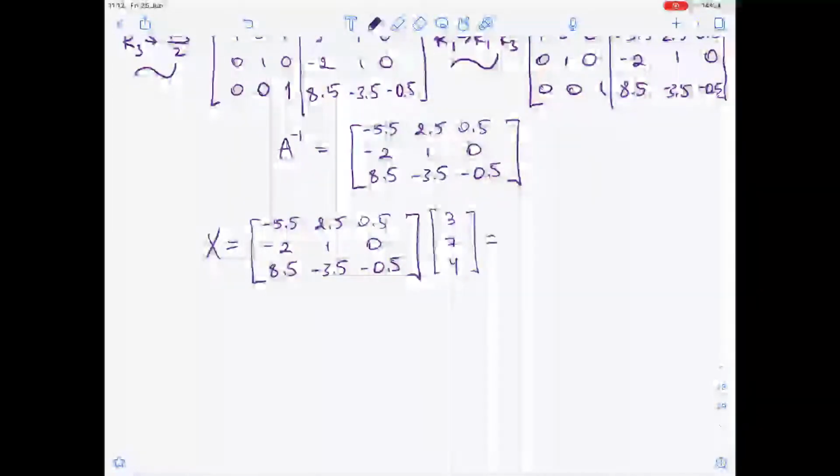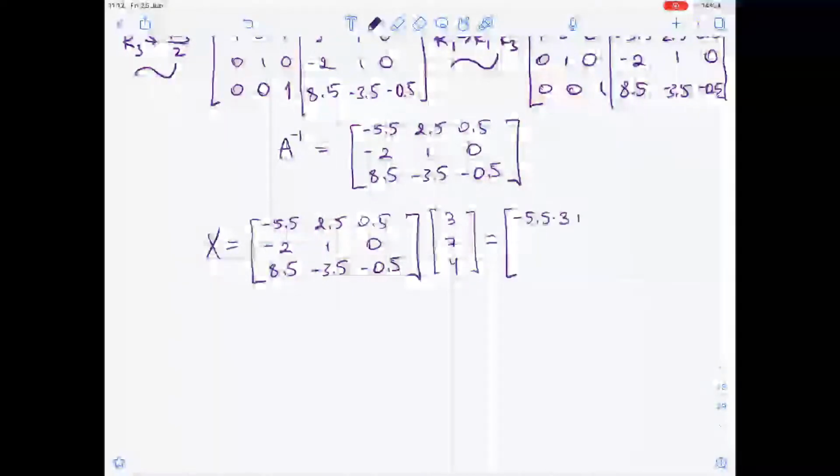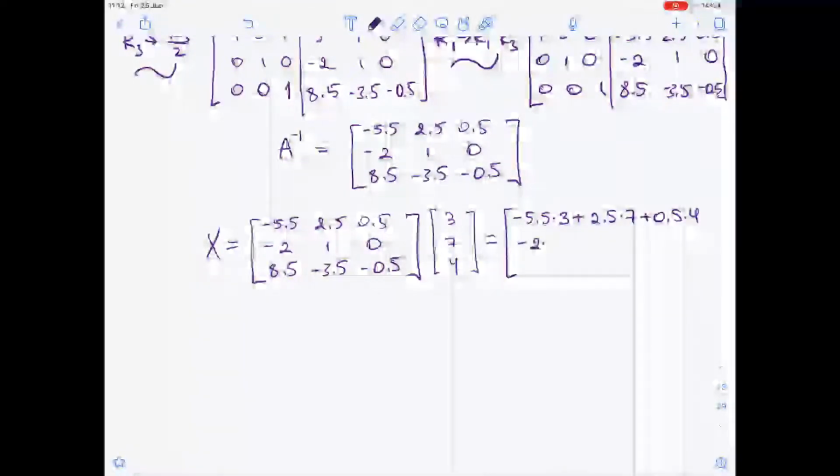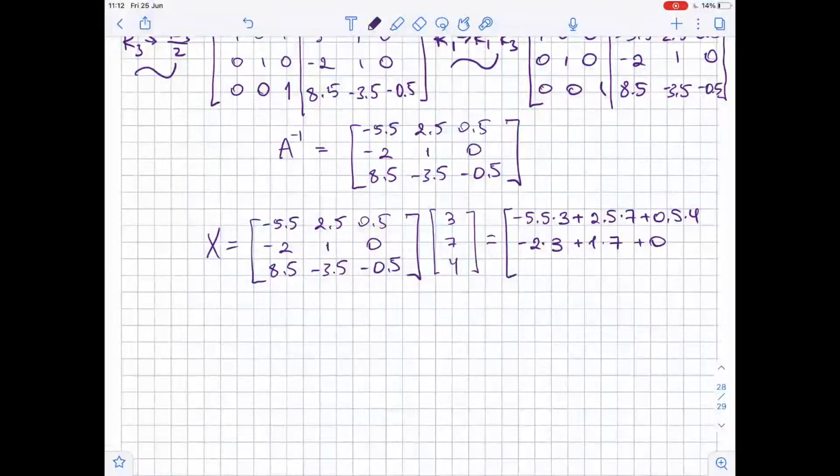So here we will get negative 5.5 times 3 plus 2.5 times 7 plus 0.5 times 4. Next row is negative 2 times 3 plus 1 times 7 plus 0. And the next row is 8.5 times 3 minus 3.5 times 7 minus 0.5 times 4.